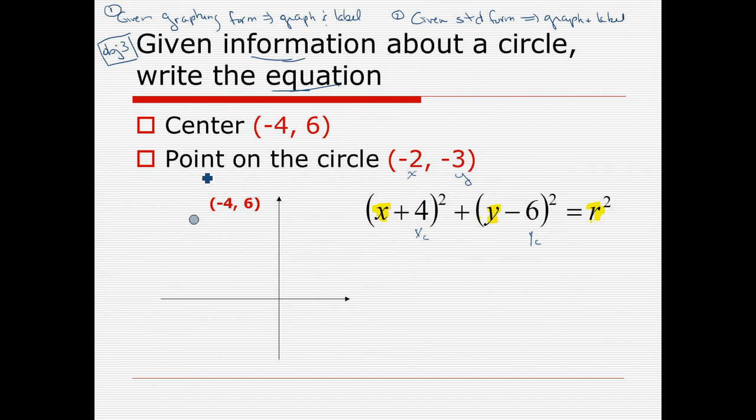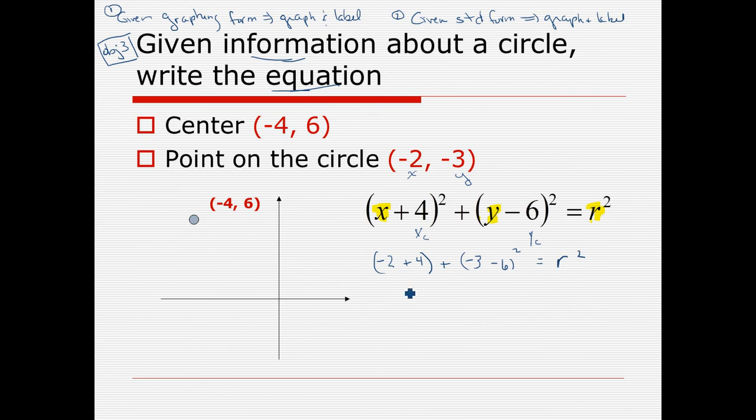Since this point is on the circumference, you have to be able to plug in the x for the x and the y for the y and land on the circle, which means you will radiate from the circle out and of course square that.